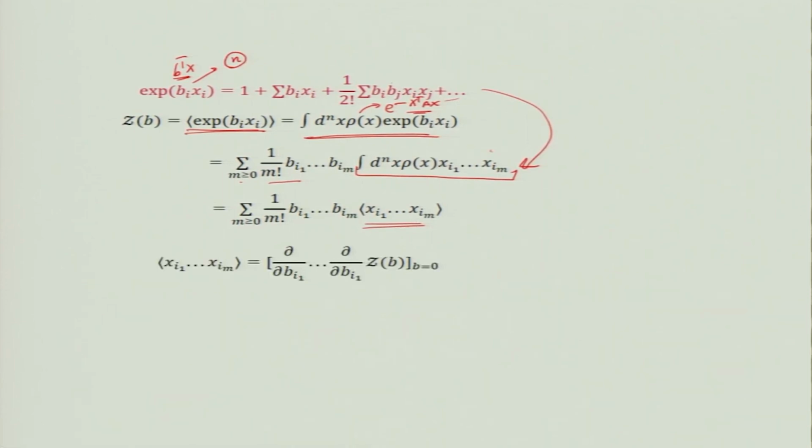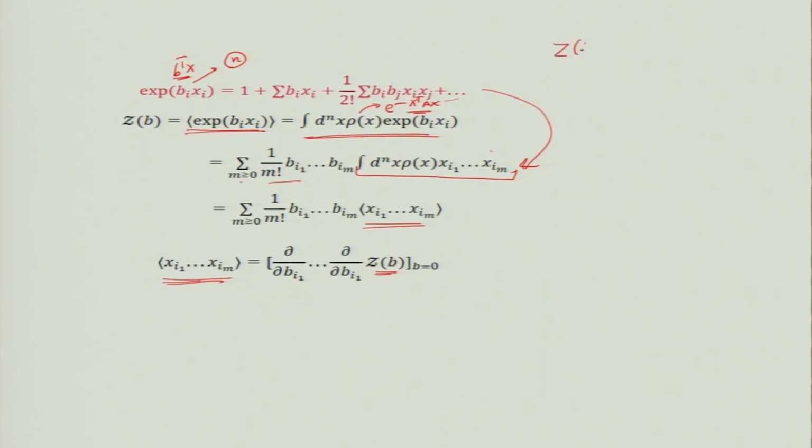Now, ZB, okay. So, here how do I get this quantity, xi1 dot xim? So, we have ZB, which is this quantity with the source term. So, I think I should write ZB.